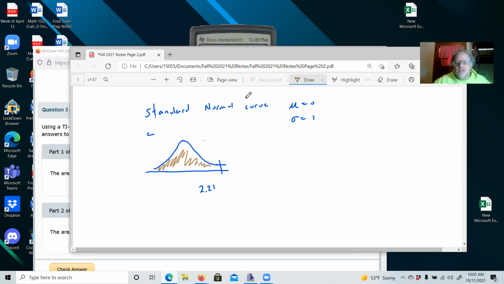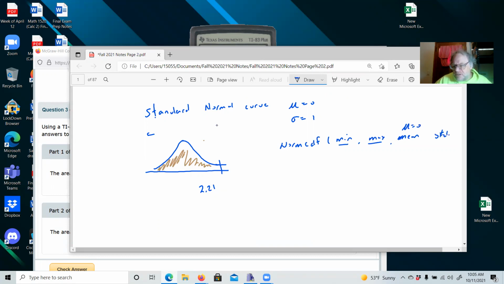So remember, in the calculator we're going to do a normalcdf, and we need to give it a min, that's for us to enter, a max, that's for us to enter, a mean, mu equal to 0, and then a standard deviation.